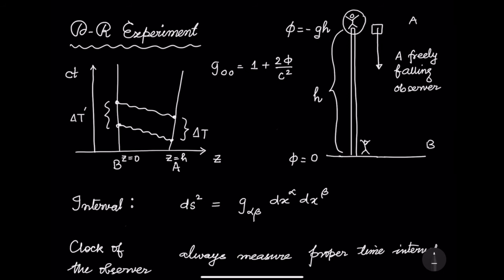Now for that observer, if I consider the moment the clock is very fast, this person doesn't move that much as he's falling freely. So they're almost at the same point.